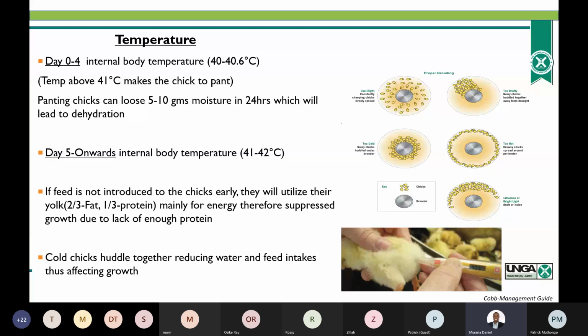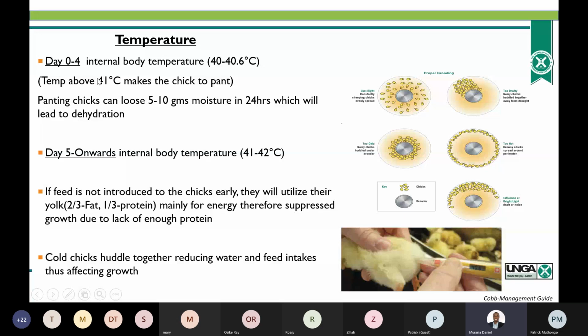To start, basically just what Patrick has said. I know some of you who have joined us in our previous presentations, we have gone through this slide, that when a chick has been hatched, day 0 to day 4, its internal body temperature is 0.6 degrees Celsius.